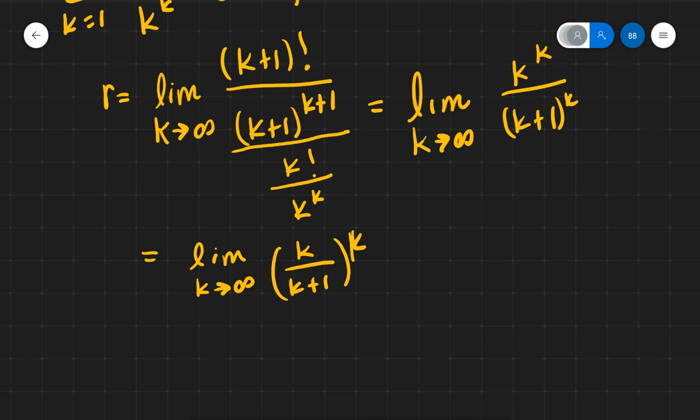And we can use our trick to try and simplify this fraction so that we can deal with the limit a little easier, because at this point we would have the numerator, the denominator, and the power all going to infinity. So if we use a rewrite trick and multiply the interior fraction by 1 over k over 1 over k, to the k, this will simplify.